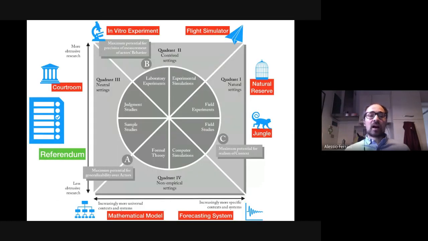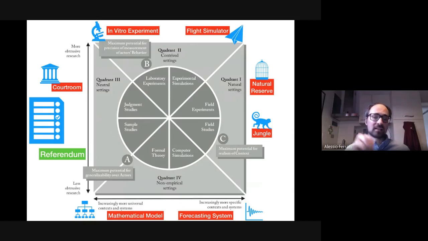Here we have our picture that we always show when we start a new strategy for empirical software engineering. And basically, surveys are sample studies.